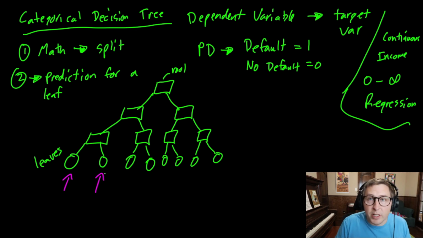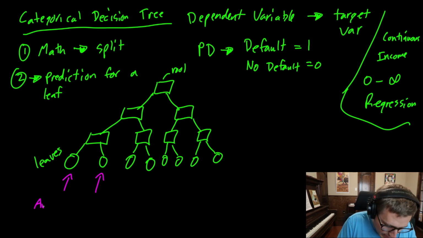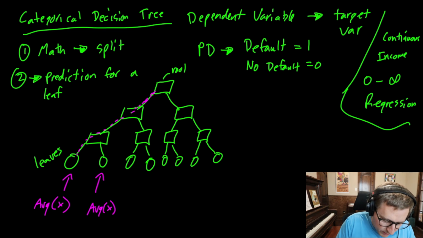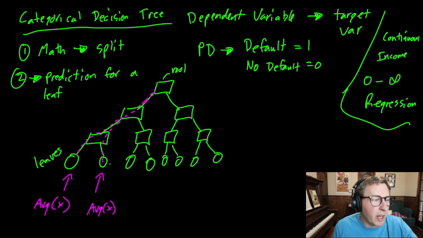And each leaf is just going to be the average value of X, where X is filtered based off this tree such that you come down this path and up here. So these variables have been filtered all the way down into this leaf. All it is going to be is an average here. And we'll talk a little bit about this at the end.